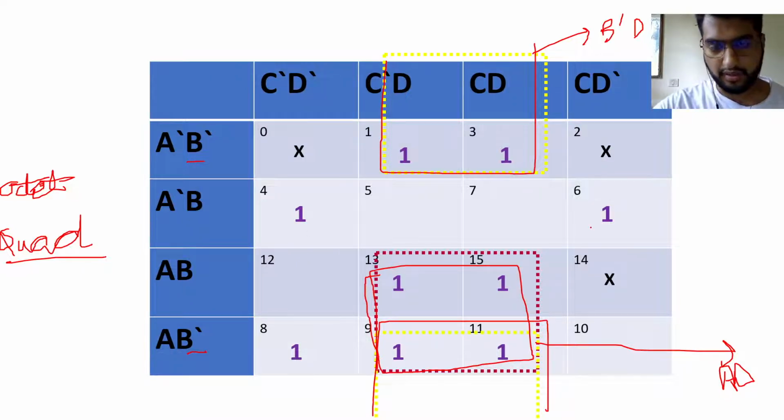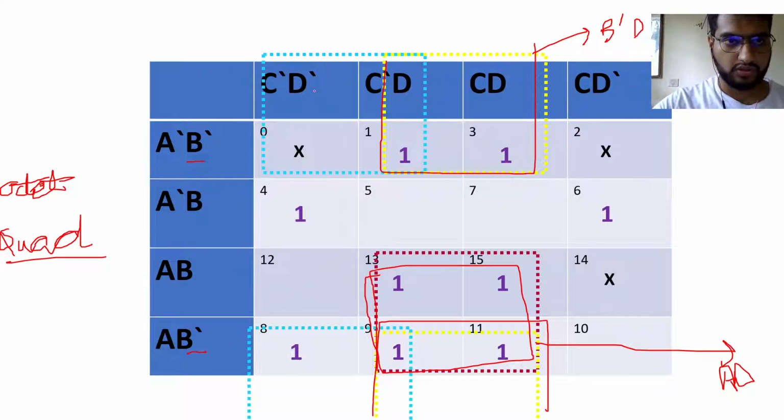Yes, there are three remaining minterms. Let me check if we can cover them using a chord. Yes, we can. So we have this chord marked by this blue dashed square covering this minterm 8.